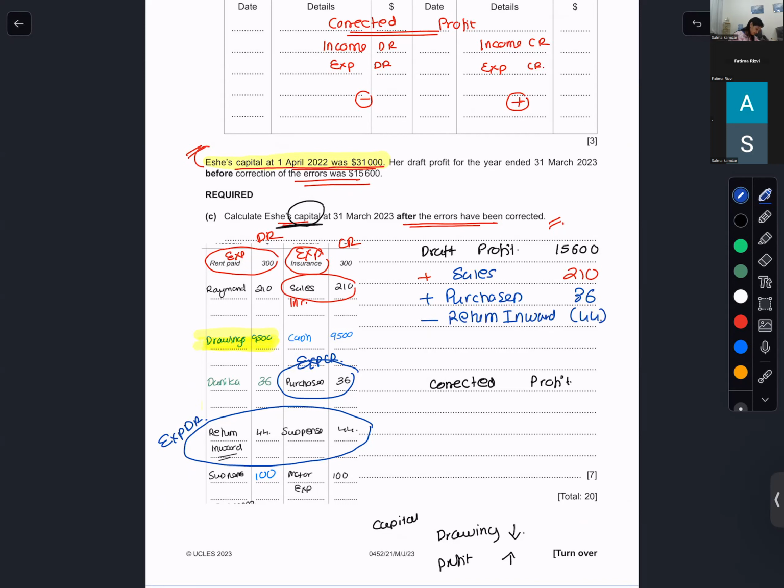Next one. Motor expense on the credit side, so we add 100. First, the rule. Motor expense is an expense on the credit side, and any expense on the credit side we add. Expense credit, add. Yes.